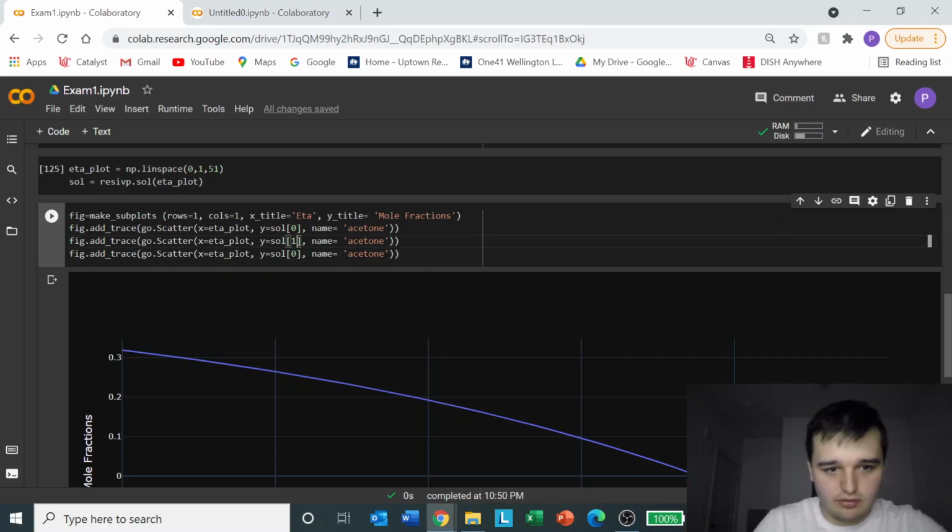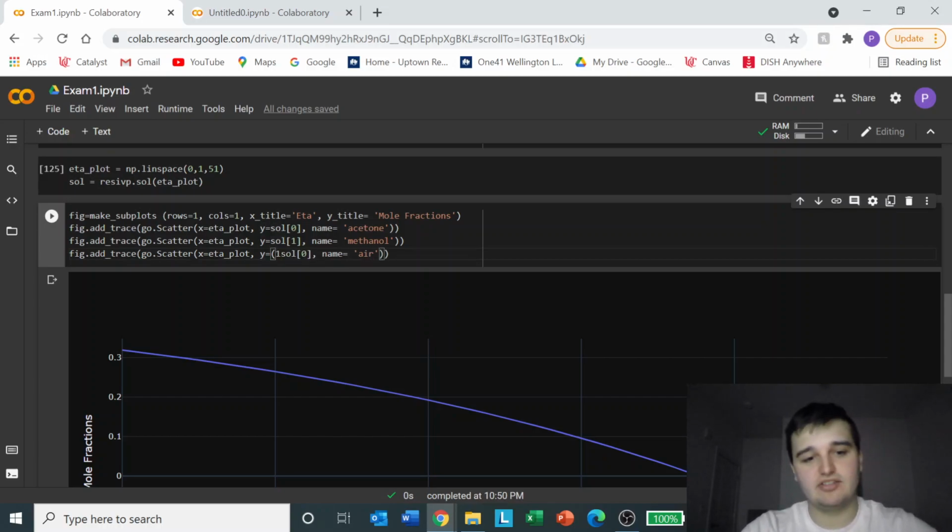So the second element would then be methanol. And the third element is air. However, it's not y3, it's mole fractions, right? Remember that the y-axis is mole fractions, so we're doing 1 minus.